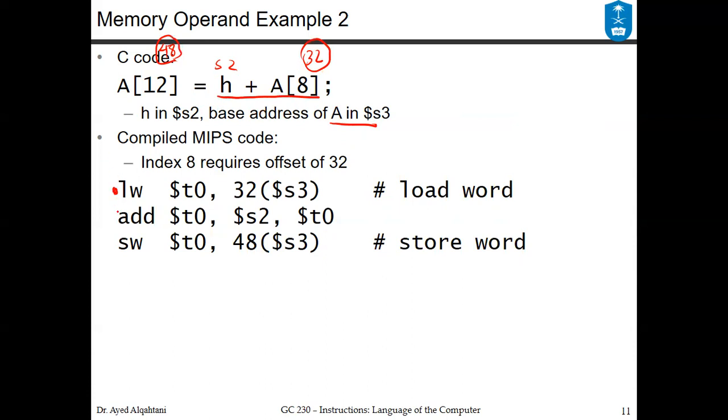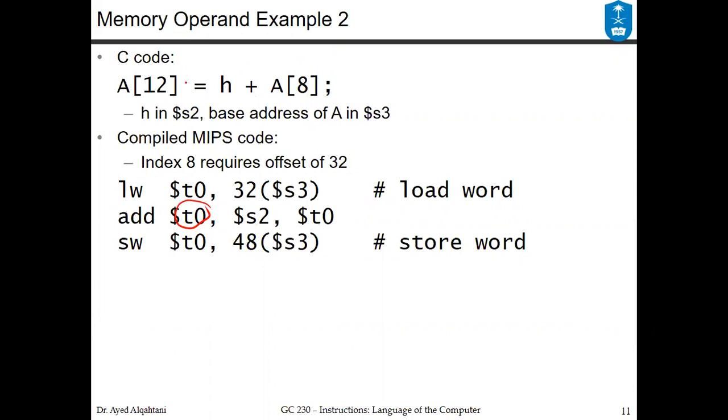Now these two parts are similar to the previous slide. We had the load. After that we have the add, but in the add, after you add S2 and T0, we put the result in the temporary register T0. Note that we reused T0, that's fine. If you would like to use T1, that's also fine. But here, since we used T0, we will continue using T0.